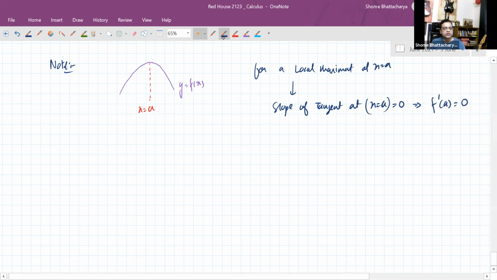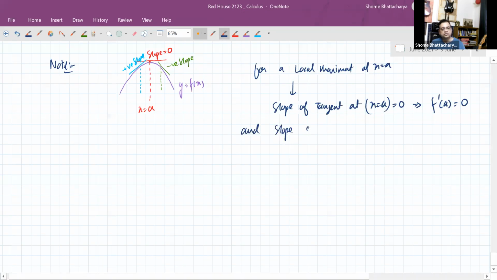As you can see, if I draw a tangent at this point, it should have slope equal to 0. But if I draw a tangent at some point before this, it should have a positive slope. And if I draw a tangent at a point after this, it should have a negative slope.